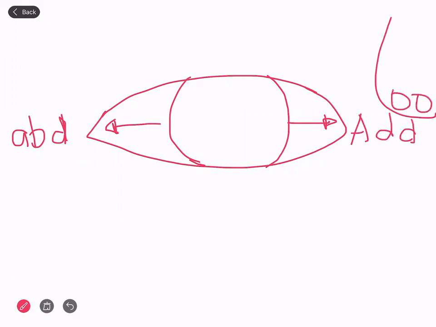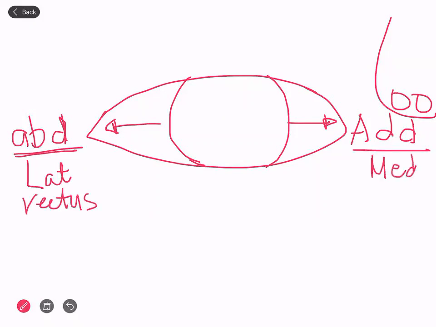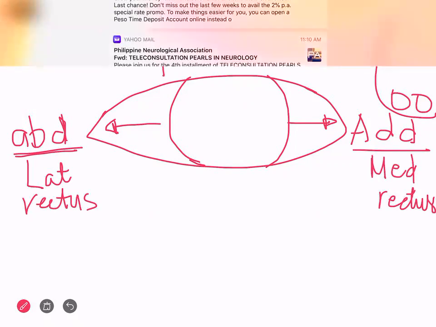And of course, superiorly. So abduction, what muscle? Your lateral rectus, okay? And then your adduction is medial rectus. Okay. And then looking up, there are actually two muscles here, no?